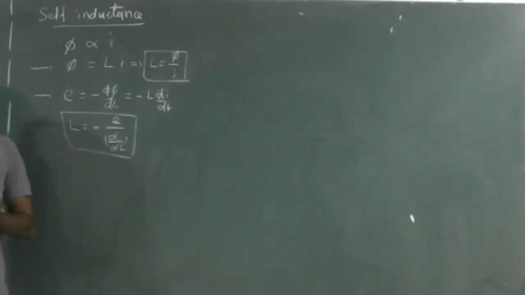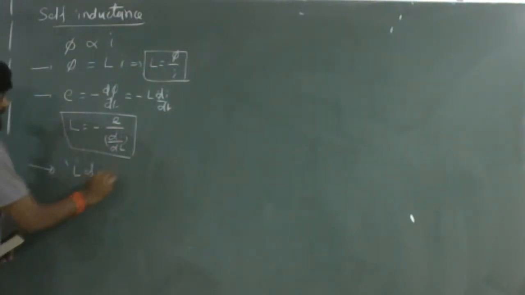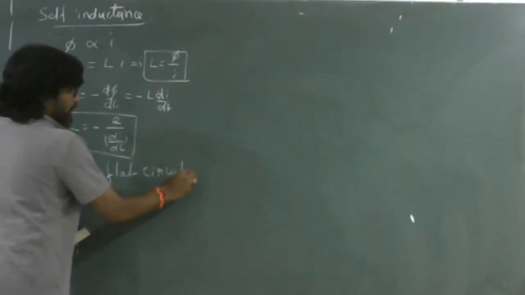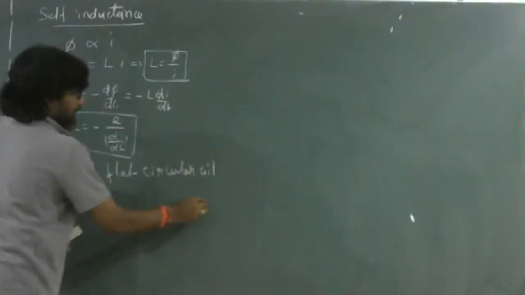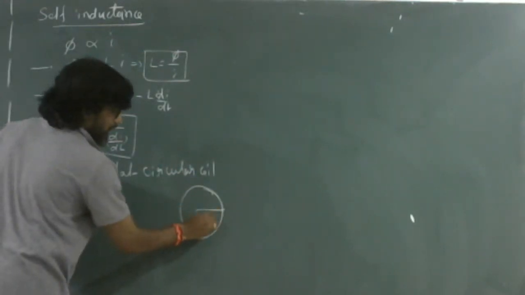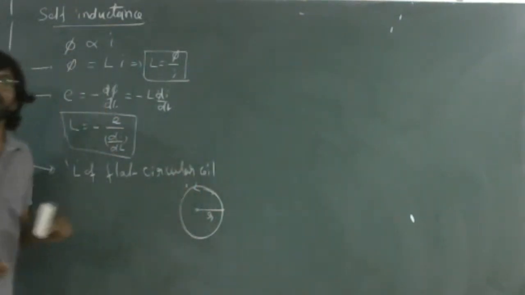Now the self-inductance of a flat circular coil. If you consider a circular coil of radius R and current I flowing in it, it produces a magnetic field at the center.